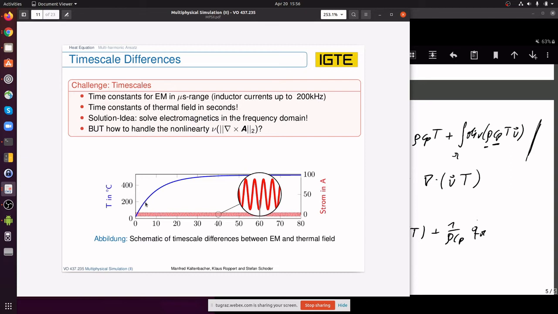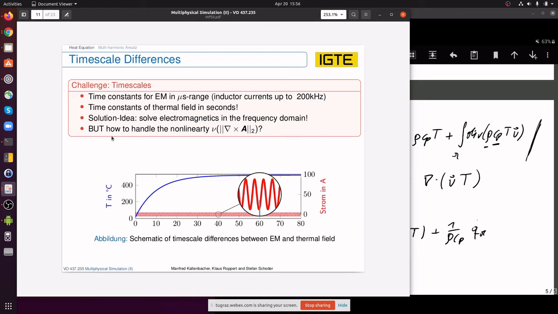For the thermal problem, it would be sufficient to solve every second instead of every microsecond, as we do in the magnetic problem. So that's the crucial point in this coupled problem.